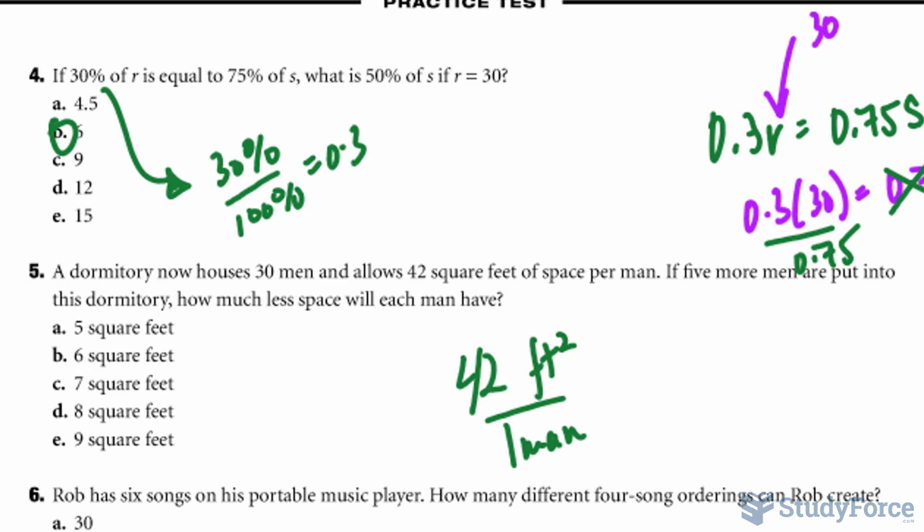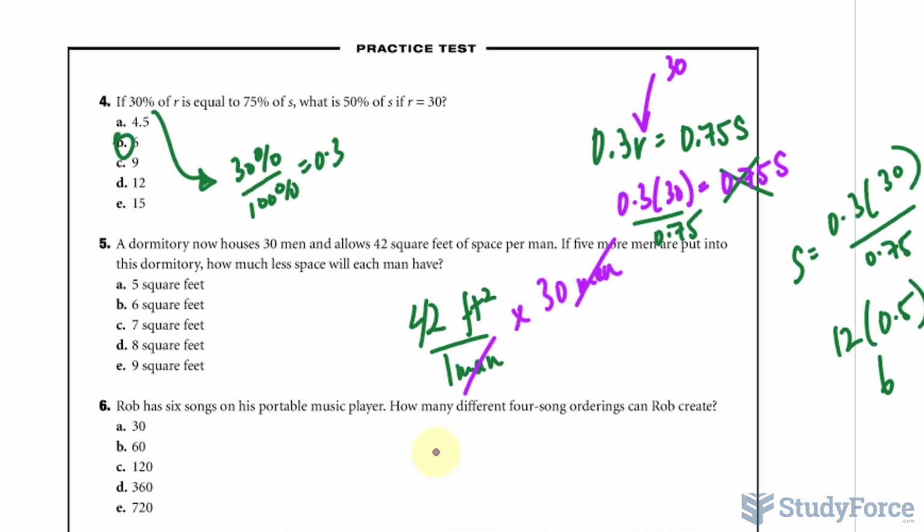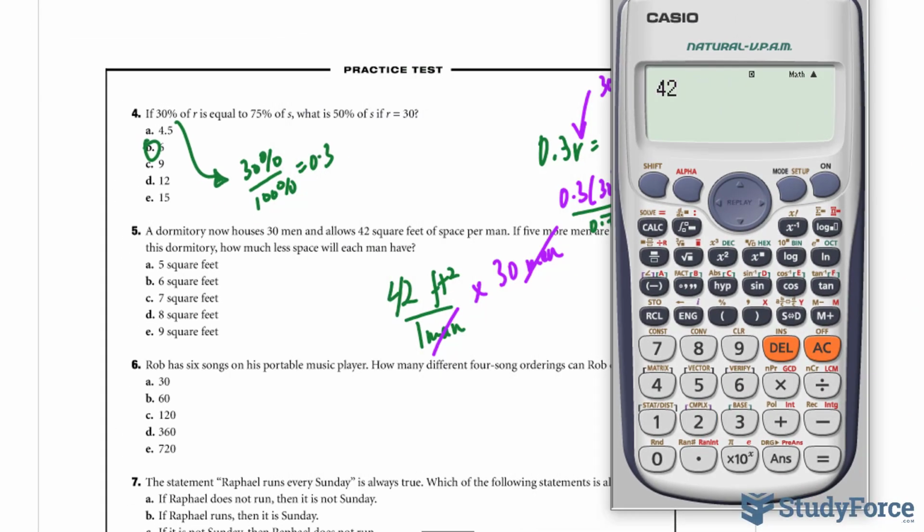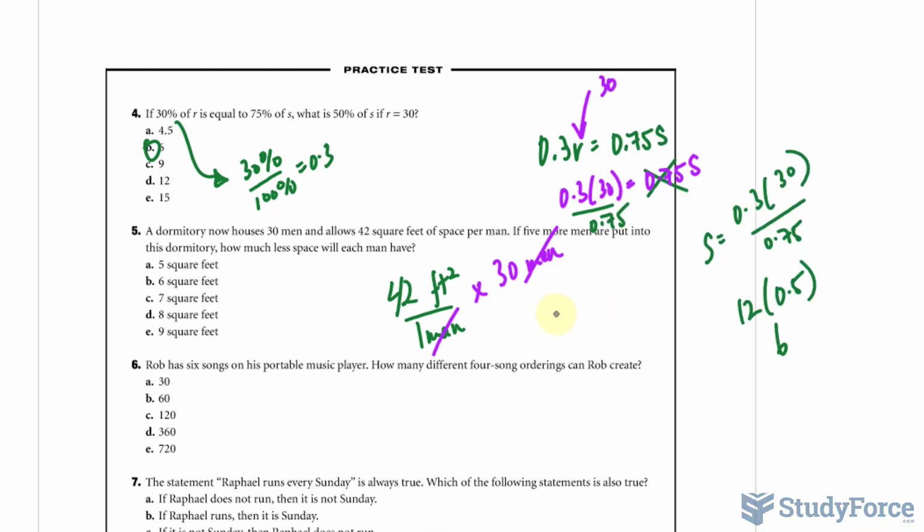We have 30 men, so we'll multiply 30 men, and that unit cancels out. Let's find out how many square feet is available for these 30 men. 1,260 feet squared. That's how much is available. If we put 5 more men in here, how much less space will each man have?